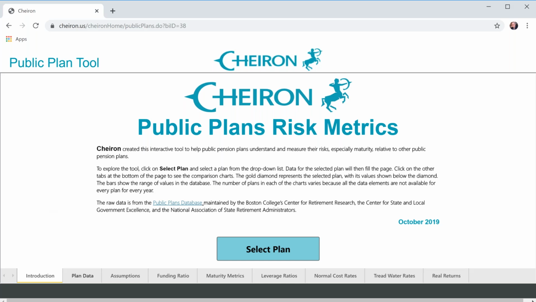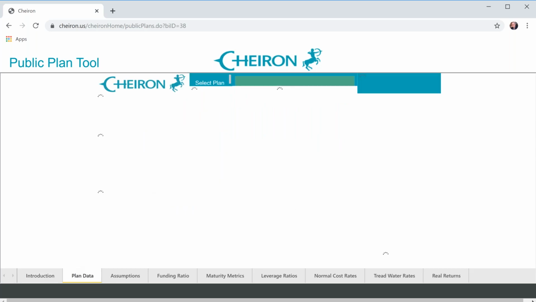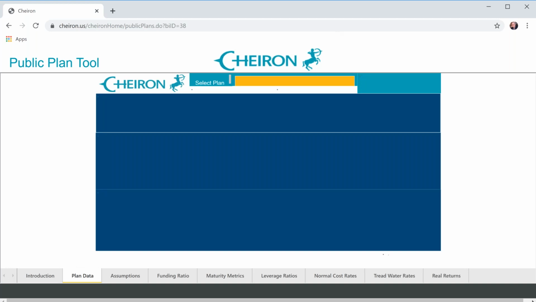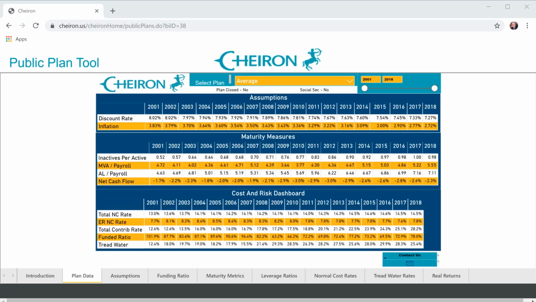So at this point, I'm going to click on the Plan Data tab. And you see data for various dashboards and measures for the years 2001 through 2018.